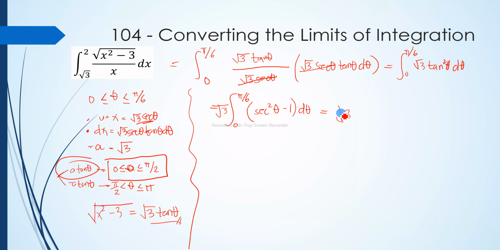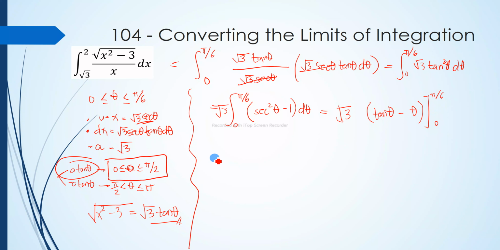We have the square root of 3 times the integral of secant squared theta, that is tangent theta, minus the integral of 1 d theta. That is just equal to theta. Then don't forget that this will be evaluated from 0 to pi over 6.